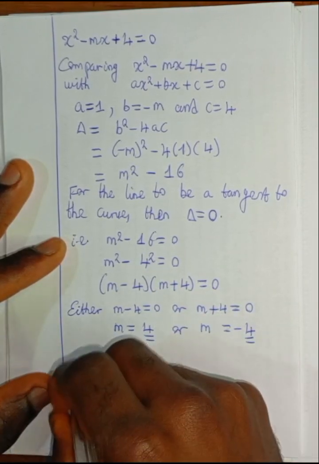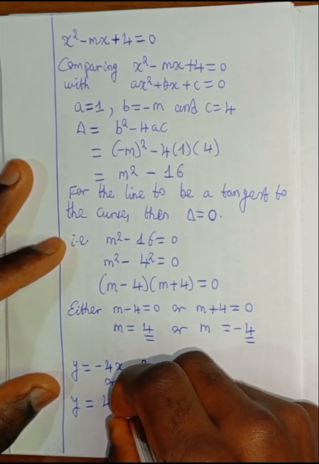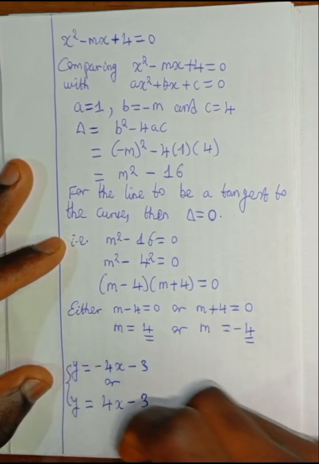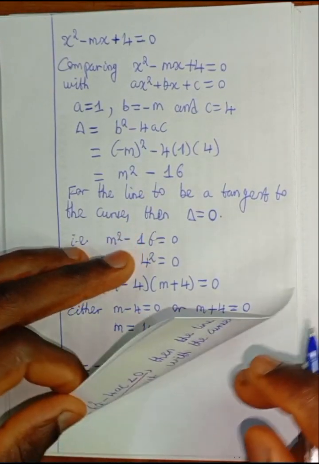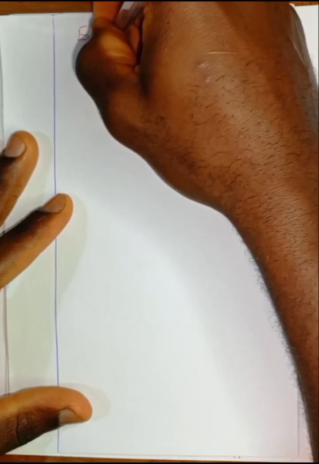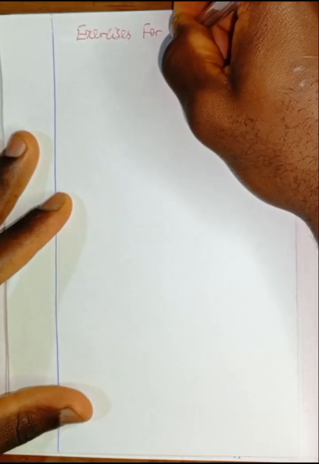Or the second possible equation of the straight line is y equal to 4x minus 3. And we are done with the solution. Now we are going to end by taking down exercises for application. Take this down, exercises for application.